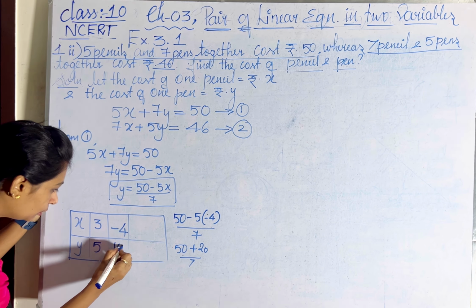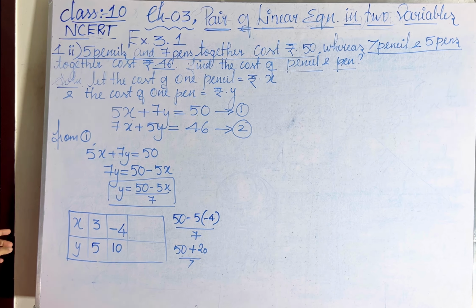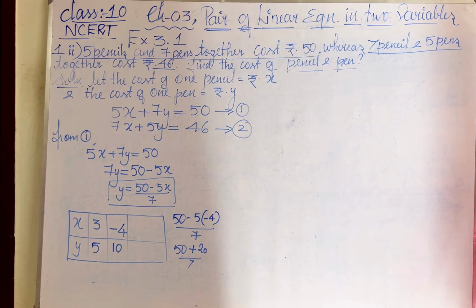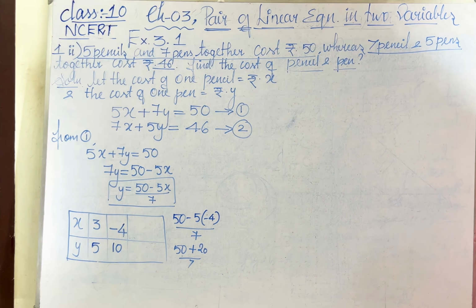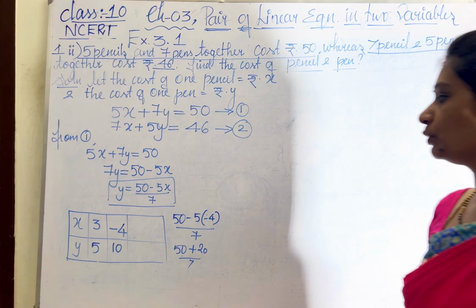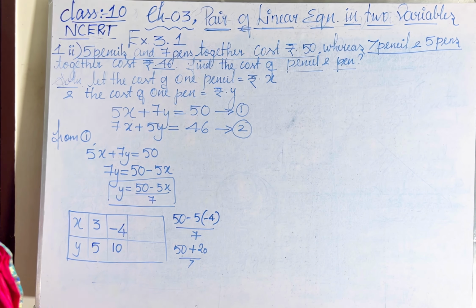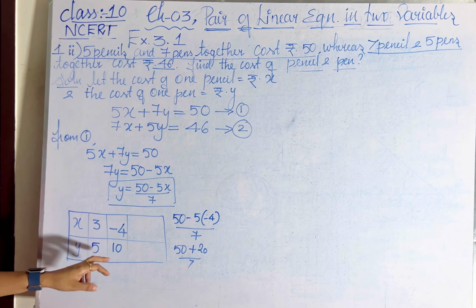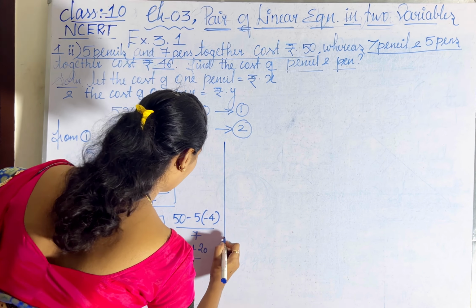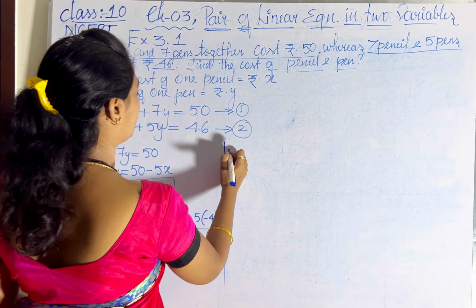So y equal to 10. So I have given two different values of x. One is x equal to 3, so we are getting y equal to 5, and x equal to minus 4, y equal to 10.